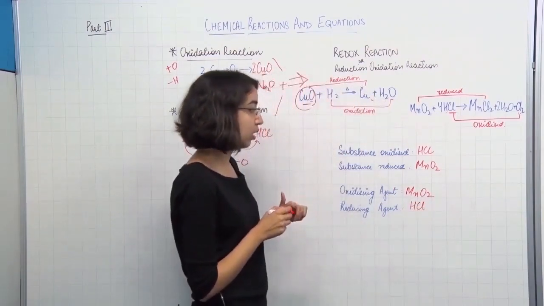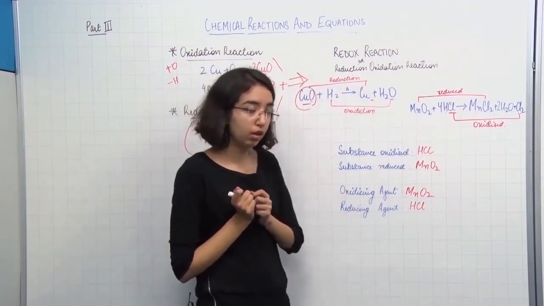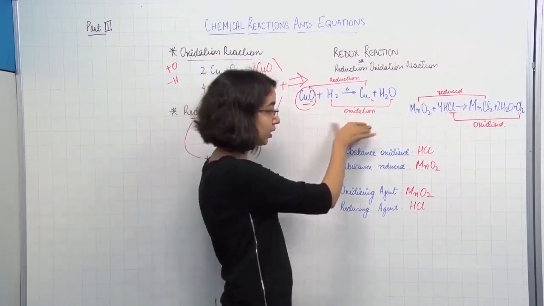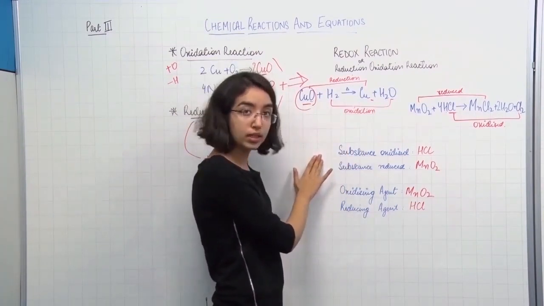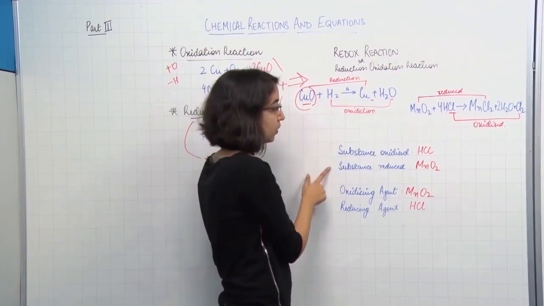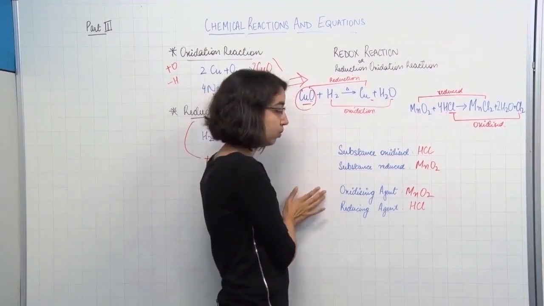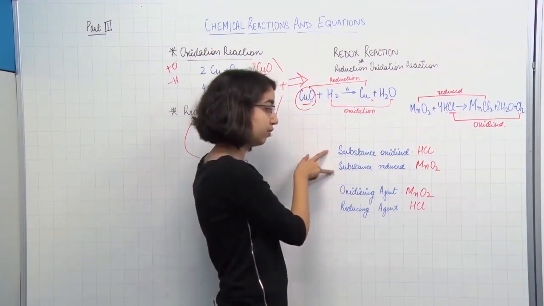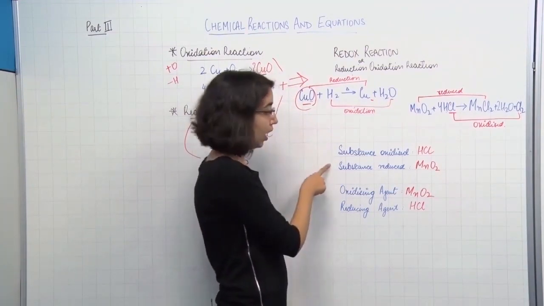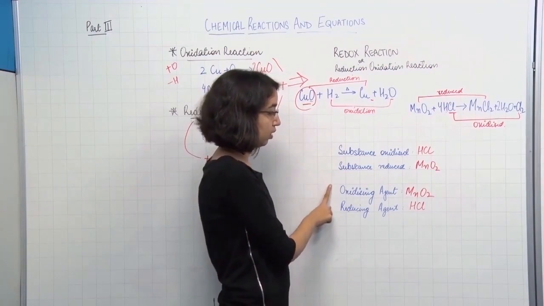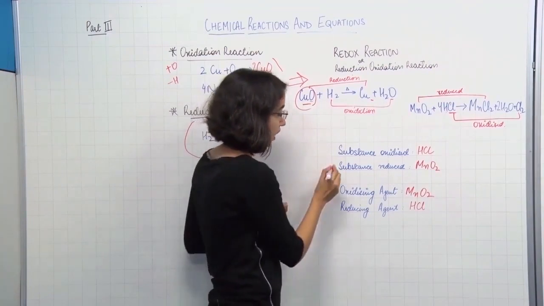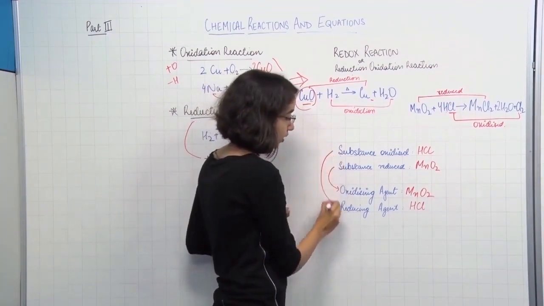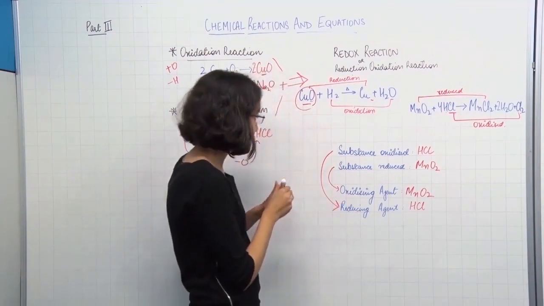So as you can see, this type of question is very common. In the exam, they will give you an equation like this and you will be asked to identify what is the substance that got oxidized, what is the substance that got reduced, what was the oxidizing agent and what was the reducing agent. If you are able to identify these two, you can do this easily, as the substance which is reduced becomes the oxidizing agent and the substance which is oxidized becomes the reducing agent.